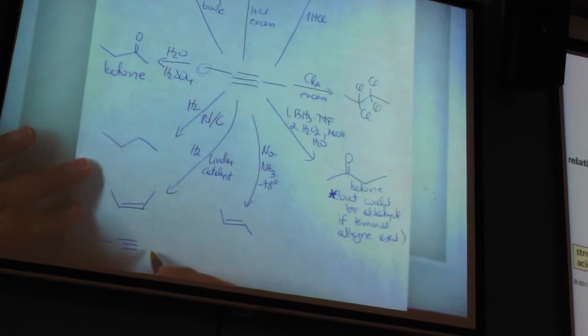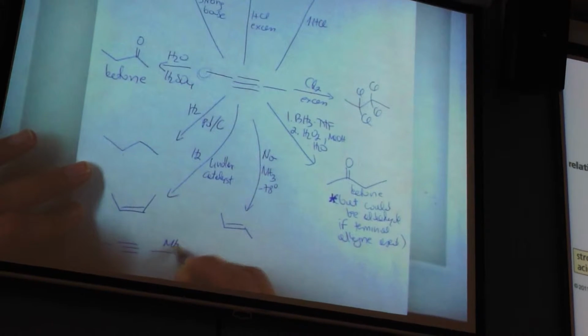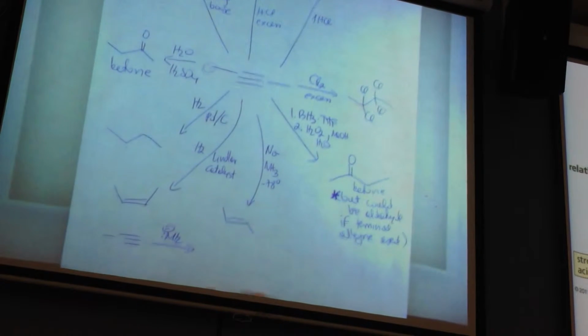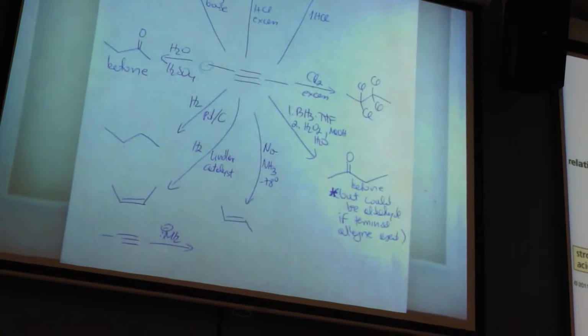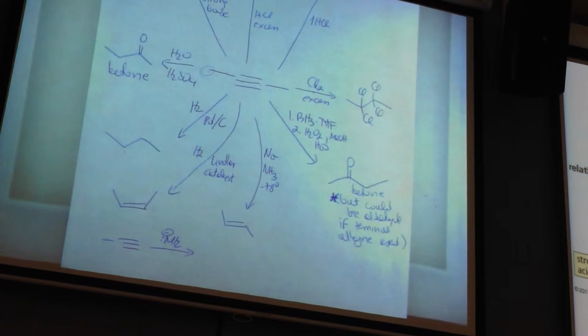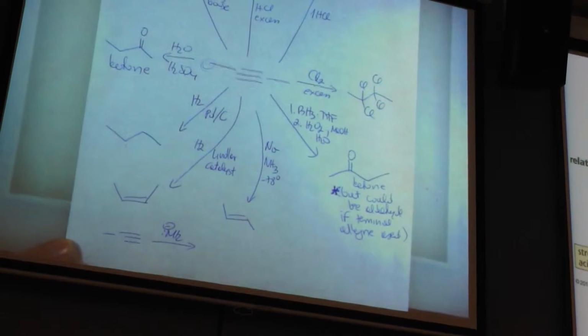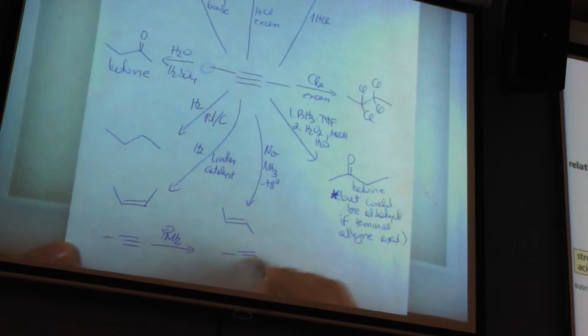But if I have an alkyne like this, then what do we get? Anybody? We are deprotonating this, right? Like question 50 on your exam 1. We are deprotonating this. Then what do we get?